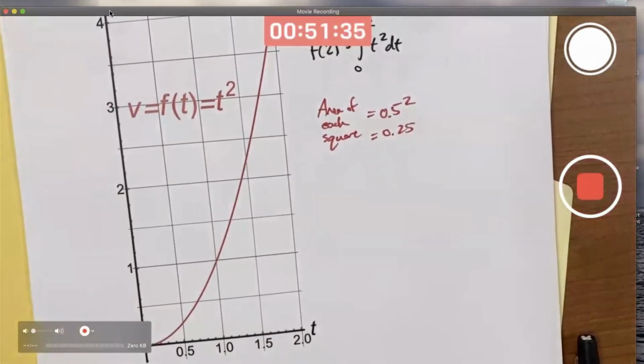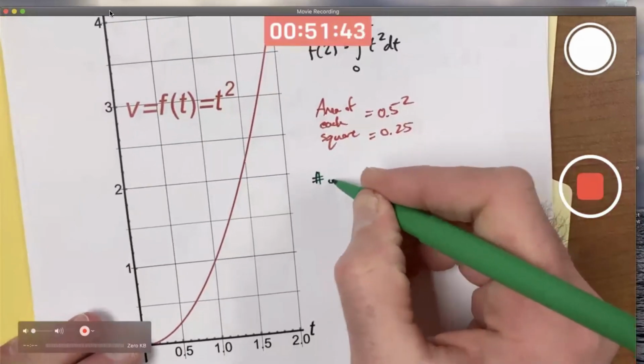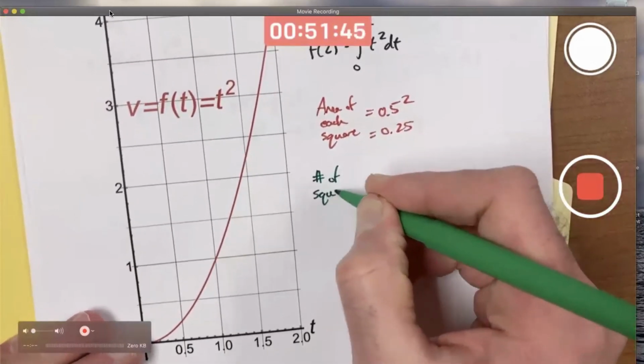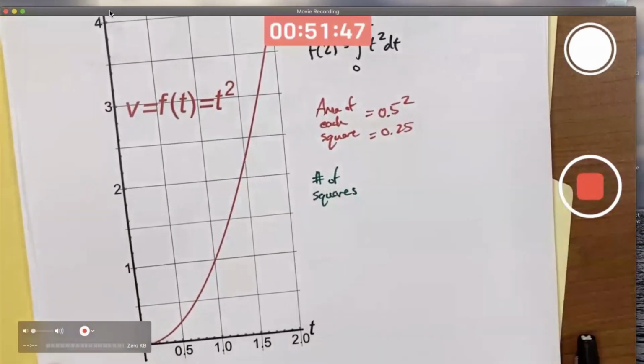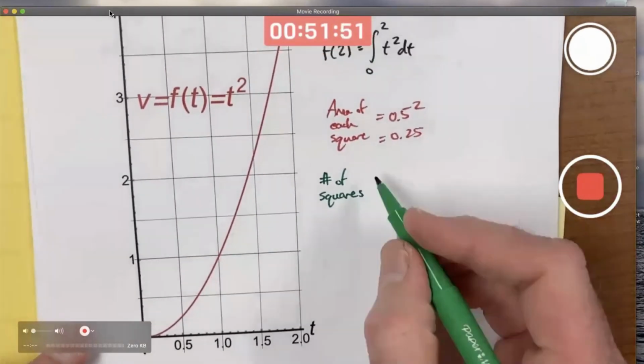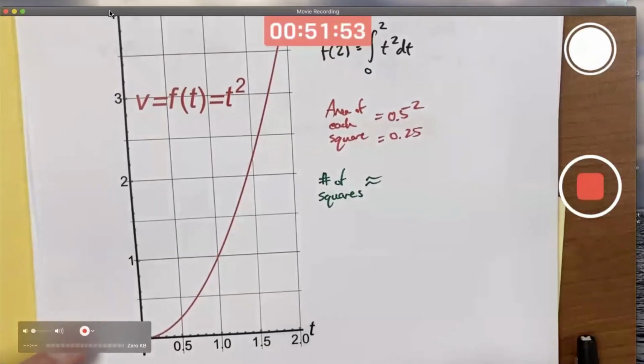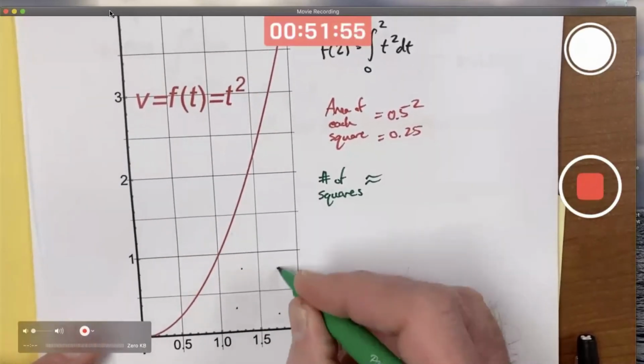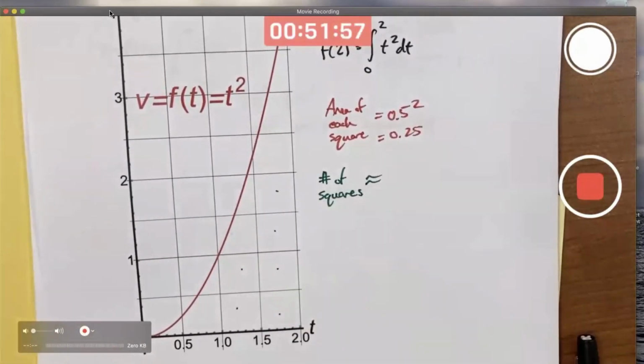How many squares are there? Actually, in the previous class, I called them boxes. It's fine either way. Number of squares, could also call them rectangles. Let's first count whole squares. 1, 2, 3, 4, 5, 6 whole squares under the graph.